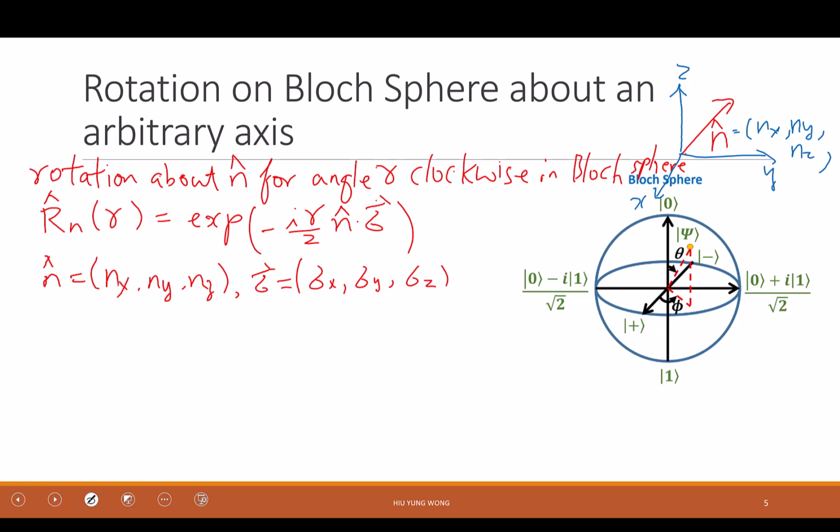So now, if I look at n, it is nx x hat, plus ny y hat, plus nz z hat. Correct? That you know very well in a 3-dimensional space. But what is the sigma vector?